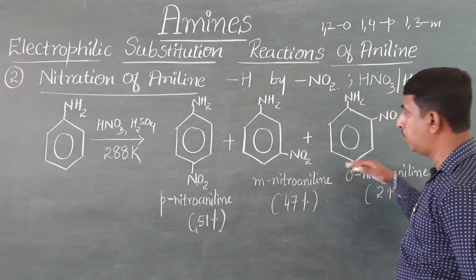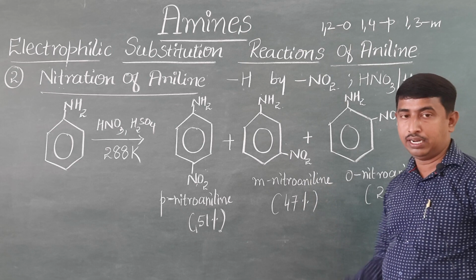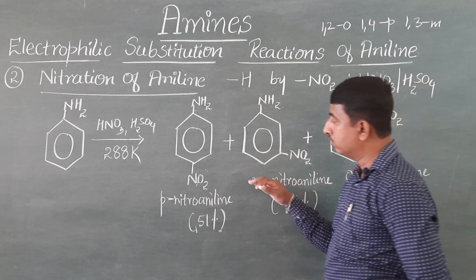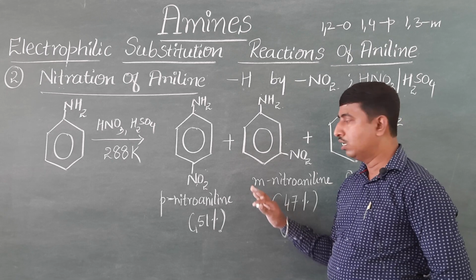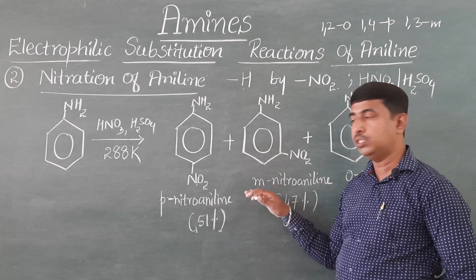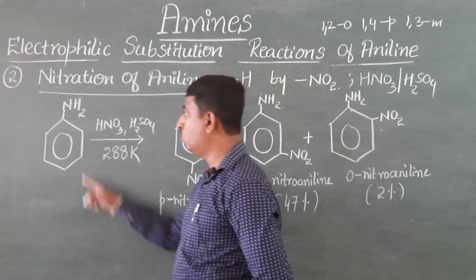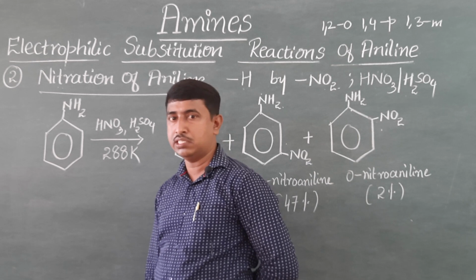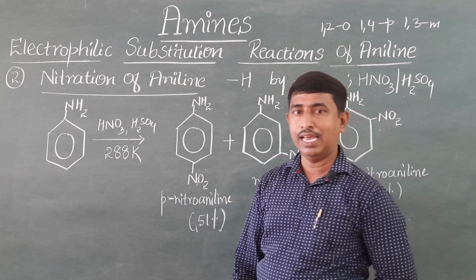If you observe these products, ortho, para and meta, a question must arise in our mind. What is that question? Why does this meta derivative exist along with para and ortho? We know that in aniline only the ortho and para positions are electron rich.